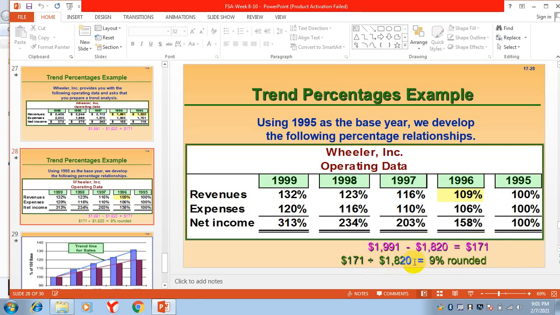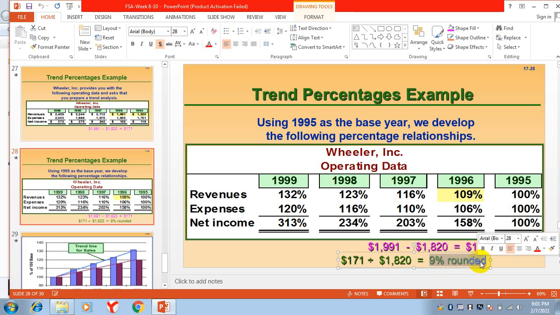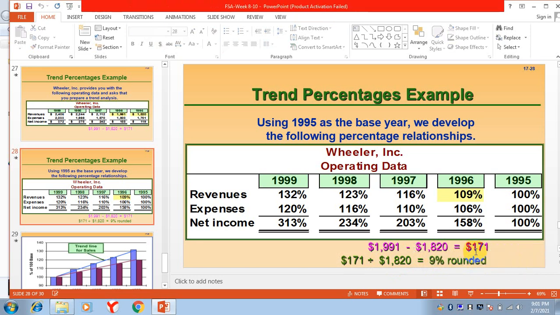We are getting 9% rounded, which means there is a 9% increase. The base year data is 100% and there is a 9% increase, so it becomes 109%. Same is the case here: 116%, 123, 132. So you can find all the data in percentages.